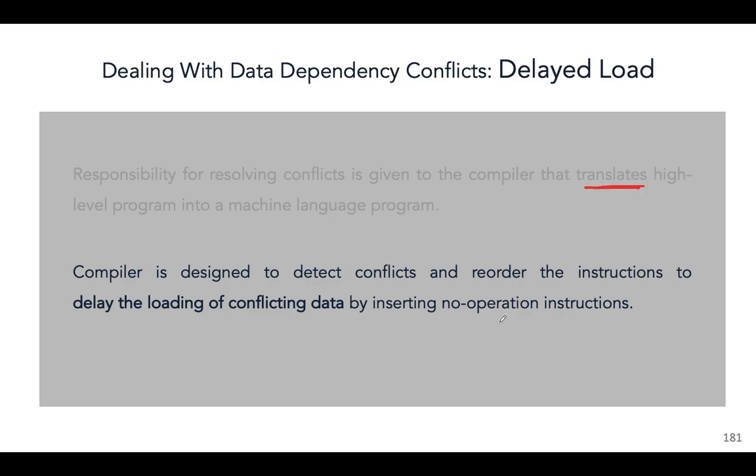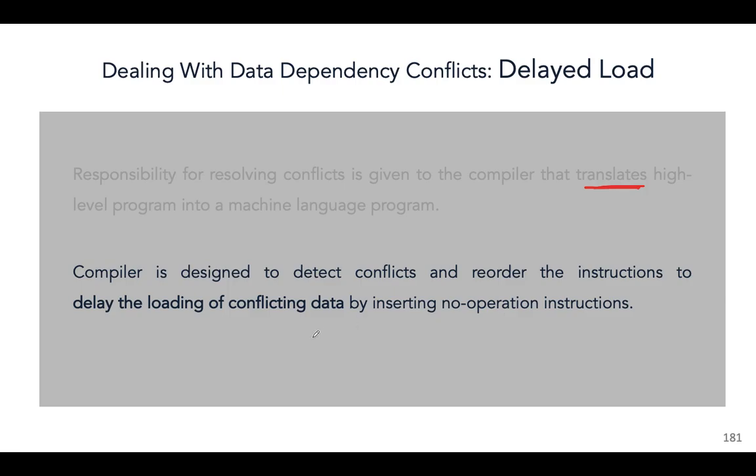But the compiler knows which instruction could cause data dependency conflicts. The same program will be executed, but in a slightly different manner. You'll get the result you intended, but it will be done differently just to accommodate the conflicting instructions.